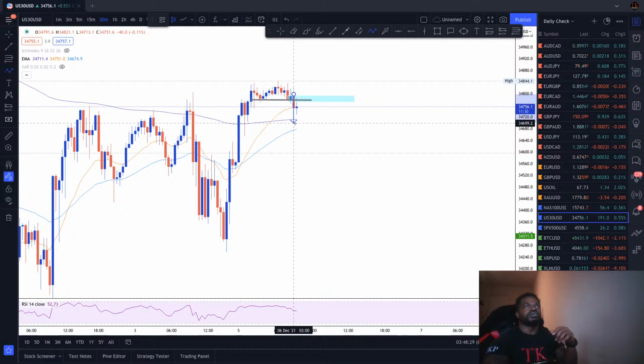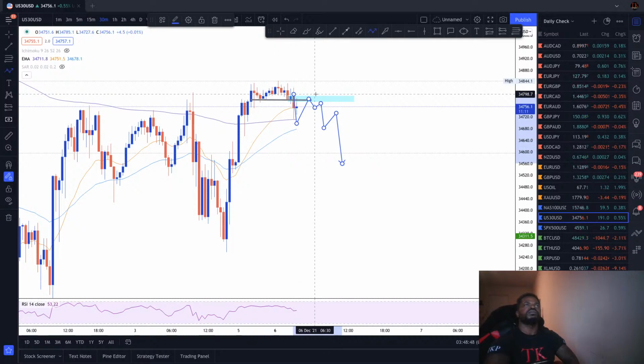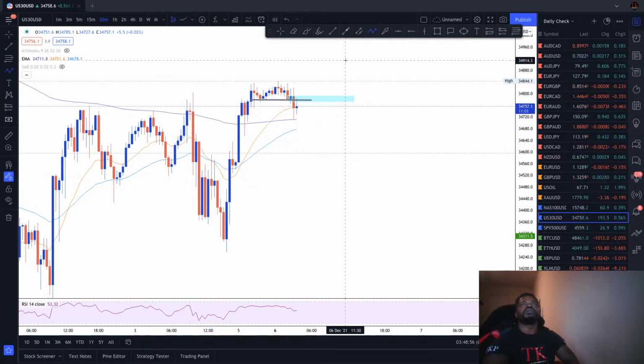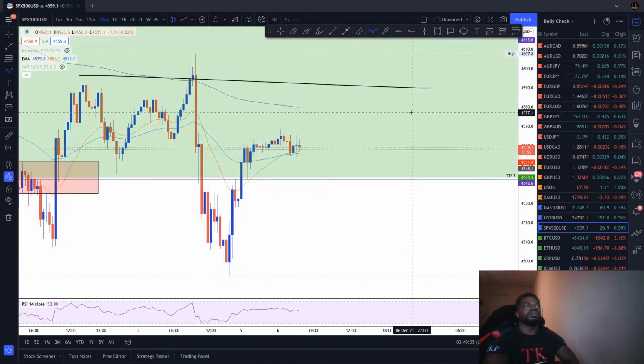So you get the breaking structure, and this is the retest of structure, and a fail. Well, with this wick, it looks like it's failing. So there's a chance you can see a deeper US 30 pullback, depending on the close of this candle. We have 11 more minutes.